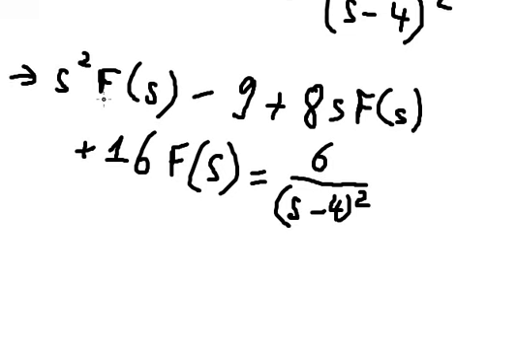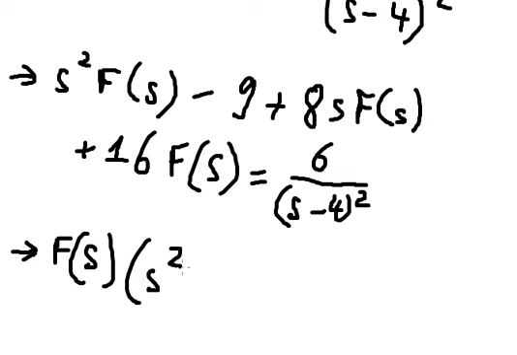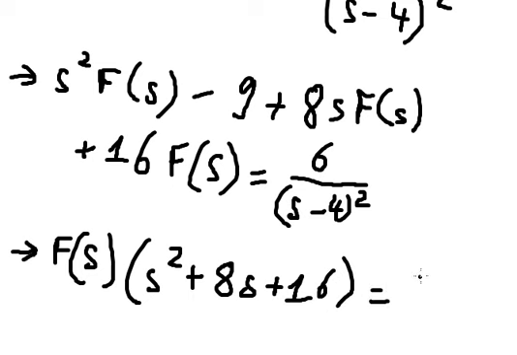Now we have capital F of s, so we can do factorization. We put negative 9 to the right, so we have positive 9.